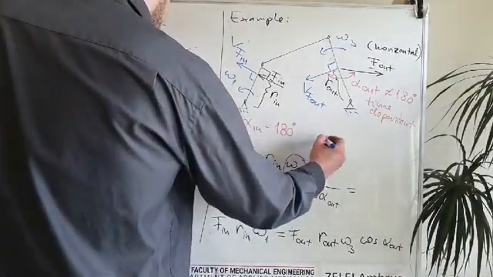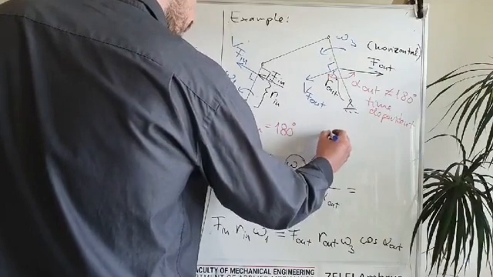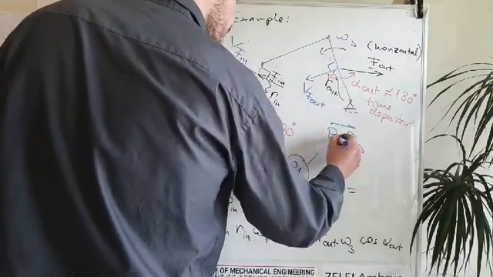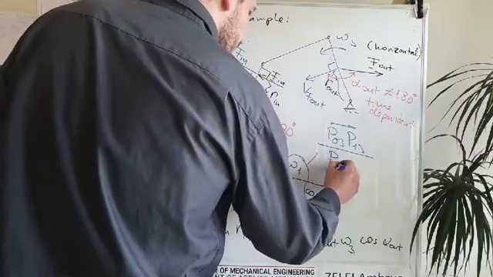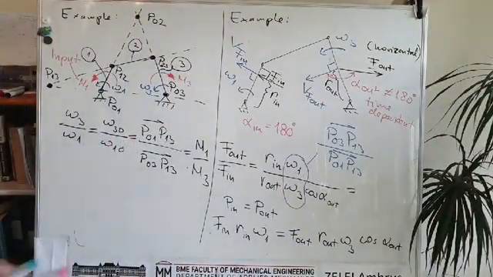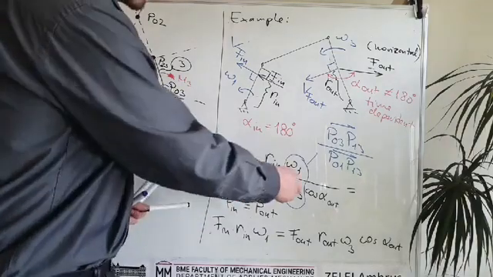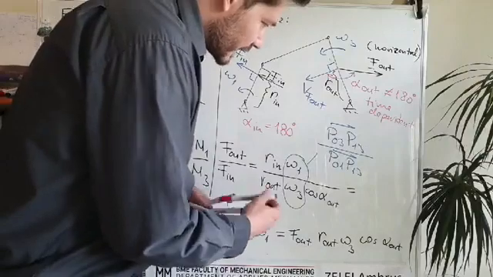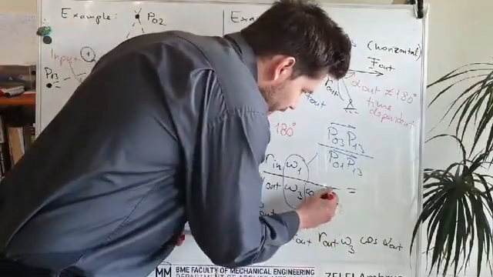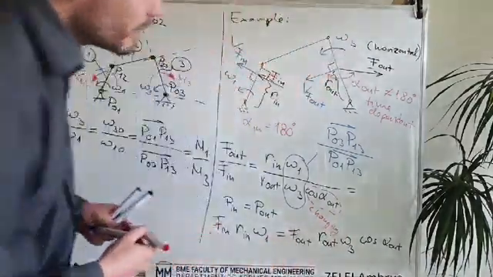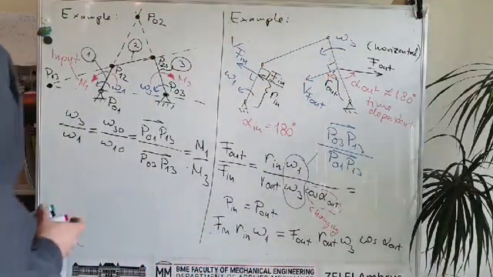So this can be simply calculated by P03, P13 distance over P01, P13 distance. And after having it, you can simply obtain the result for the ratio of the input and output force. The important thing is that it is always changing, but you can do this calculation in each case.